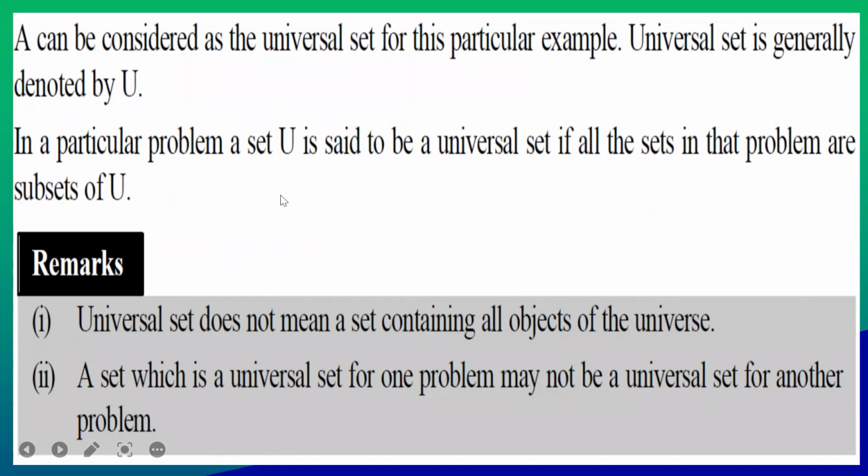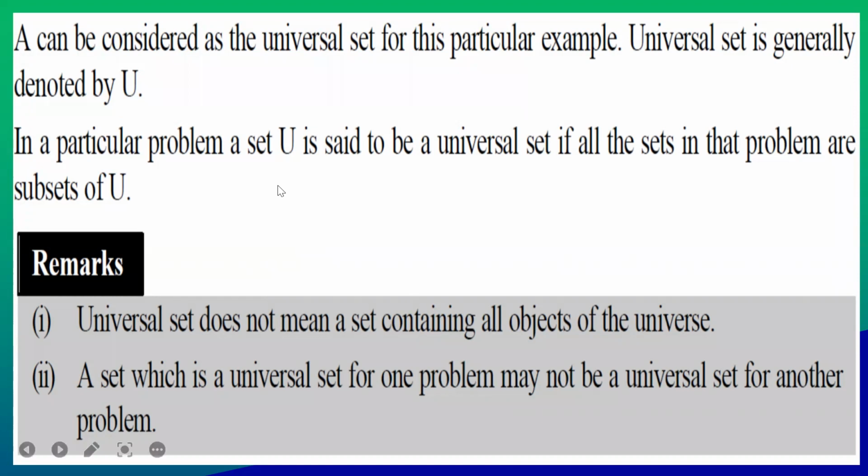Like when we discussed the number system, the real numbers are the universal set, because natural numbers, whole numbers, integers, rational and irrational numbers belong to the set of real numbers.